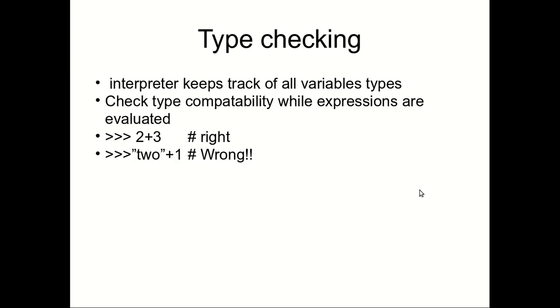Next comes type checking. In Python we also have type checking. Whenever you apply an operation, it performs a compatibility check for the type. See here, 2 plus 3, plus can be applied, that is fine. But a string plus a number is wrong, because this type of operation is not allowed.